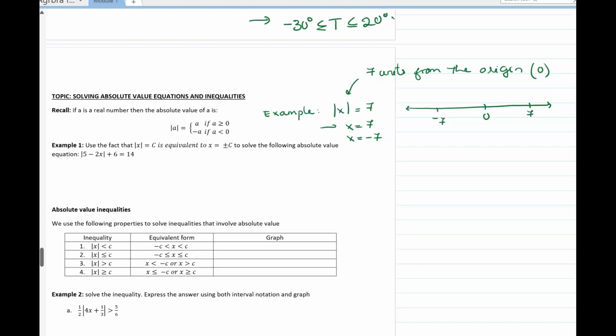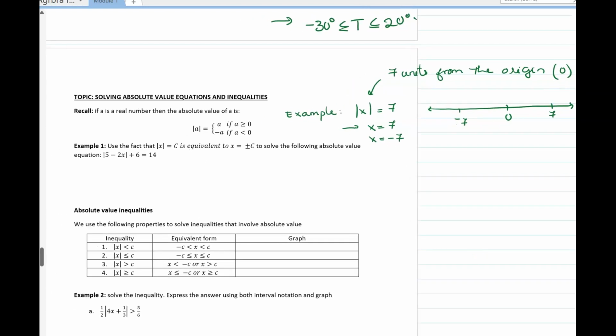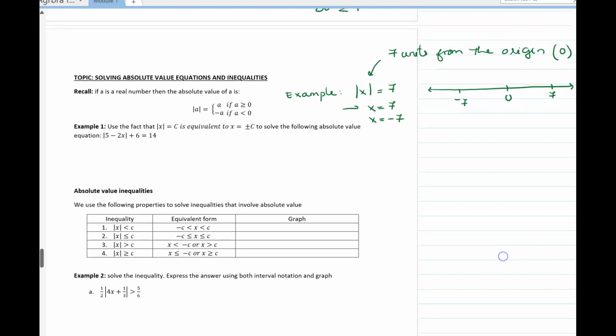Okay, so example: use the fact that the absolute value of x equals c is equivalent to x equal plus or minus c to solve the absolute value equation. The absolute value of 5 minus 2x, plus 6, equals 14. To solve an absolute value equation, we first isolate the absolute value term.